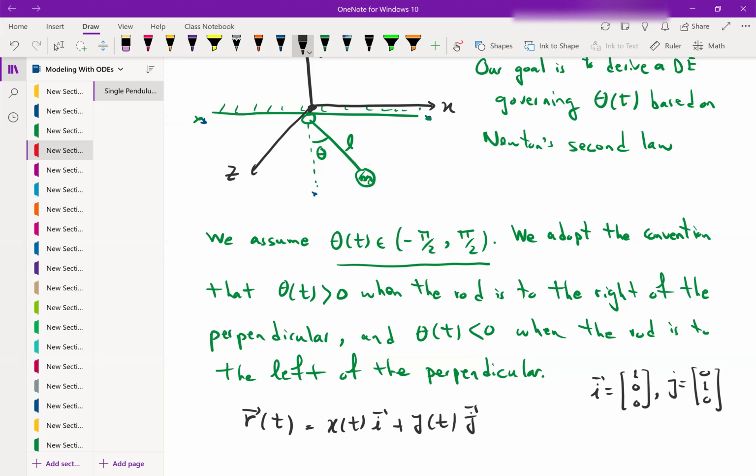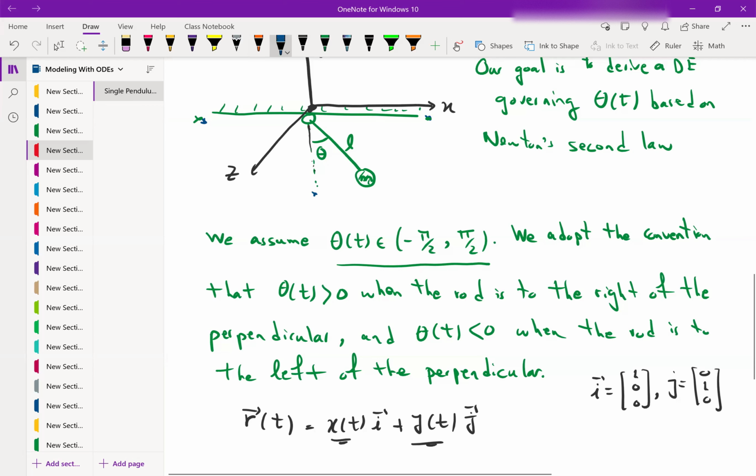So the position of this mass at any time has an x coordinate and a y coordinate. These are the x coordinate and the y coordinate of the mass m. Now, since ultimately I'm interested in theta, it would be a great thing if I could write this x and y in terms of theta, and that's actually very easy to do. Look at this triangle here.